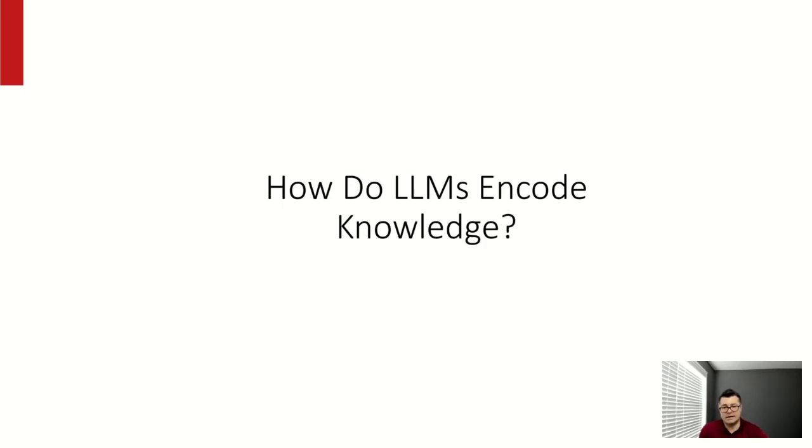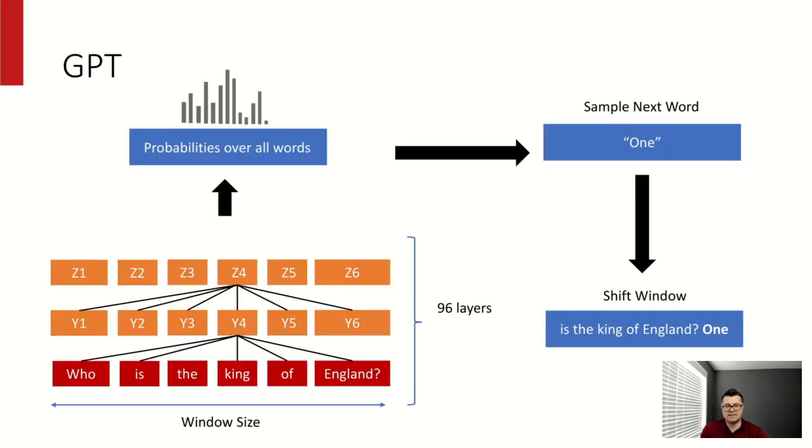So let's think about large language models for a moment. We've talked already about what the model is, kind of what it produces. I just want to briefly cover how it does that internally, without going into any math or any technical details. So basically, consider a sentence like this that is a question: who is the King of England?